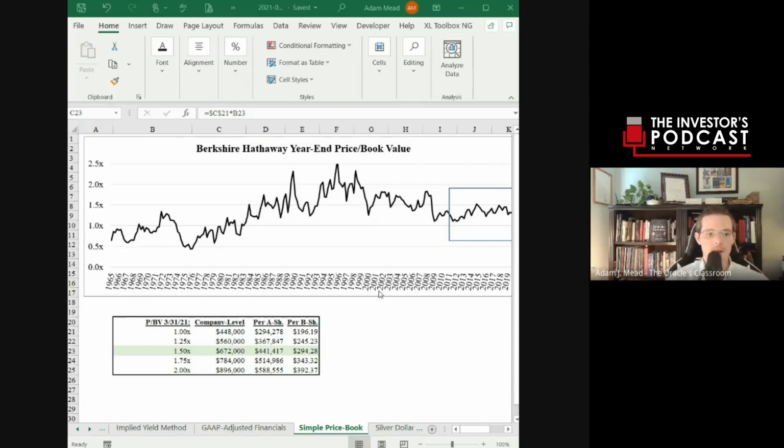It didn't become apparent, at least to the market, until later, and you can see, from the mid '70s all the way up to the mid '90s, the combination of Berkshire itself doing very well and the market placing a high premium on that success really ran the price to book up well over 2 times.